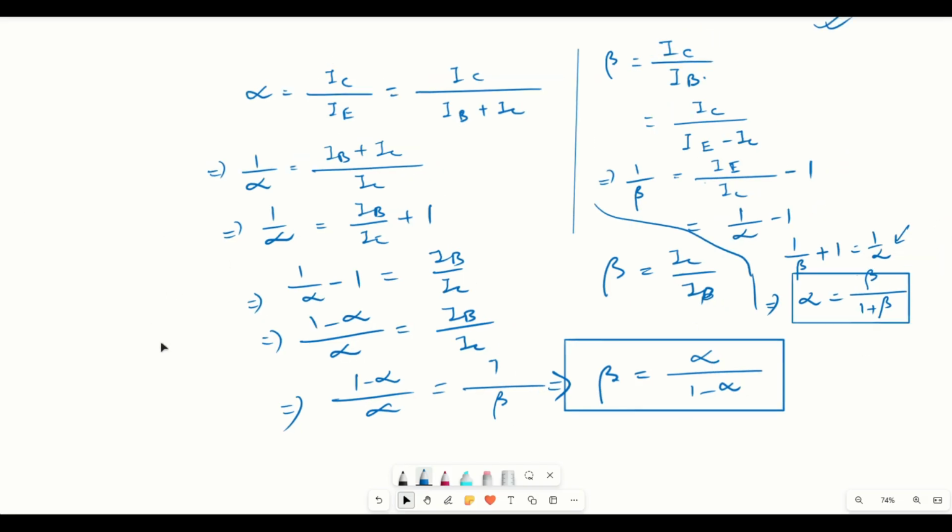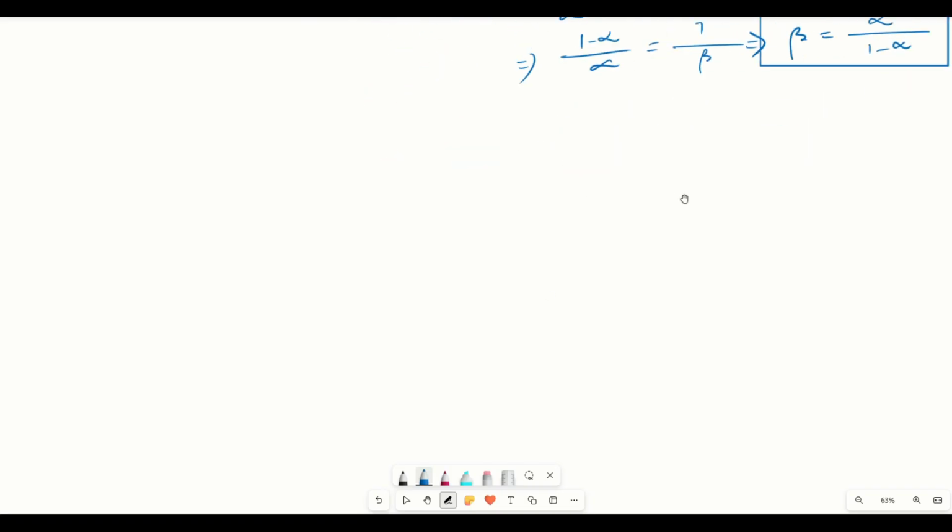I hope you've understood the conversion. Similarly, gamma is given as IE divided by IB. Now, if we want to determine it in terms of beta, where beta is given as IC by IB, then if we break this IE term, it will be (IB plus IC) divided by IB, which equals 1 plus IC by IB.